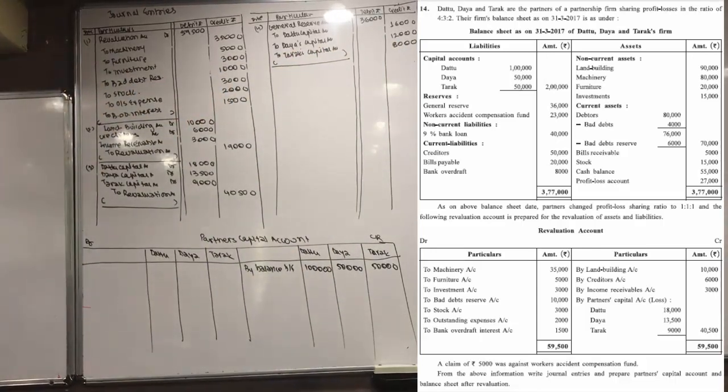So 16, 12, and 8. Being general reserve distributed between partners in profit sharing ratio.